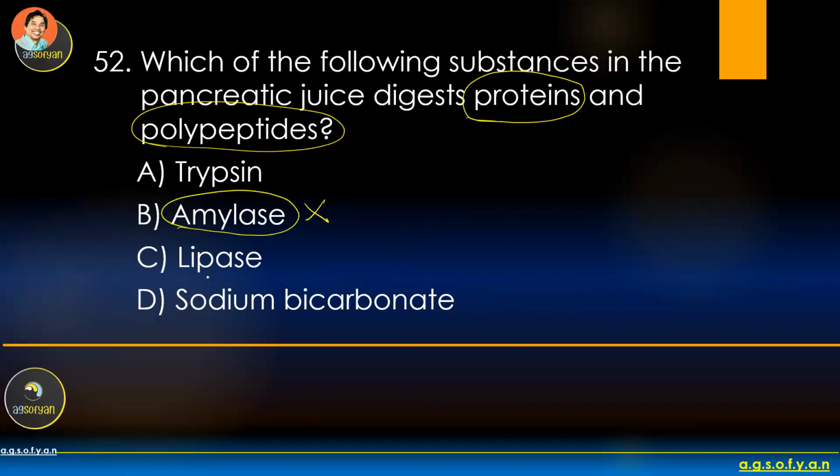Lipase, from the name, it is actually digest lipid. This is not for protein, so this is not the answer. Sodium bicarbonate, it is not for digestion. This is for antacid. So this is not the answer. The answer will be trypsin.